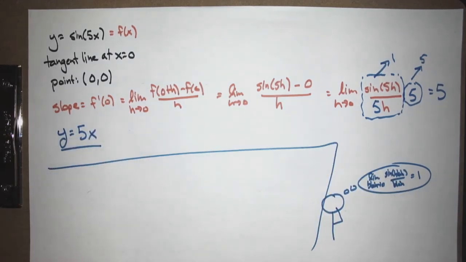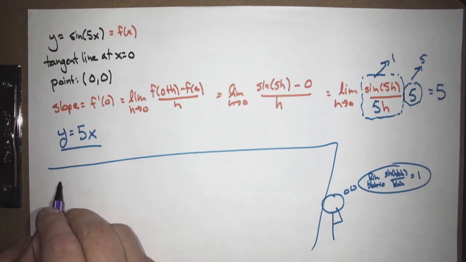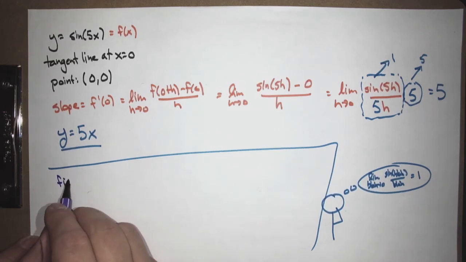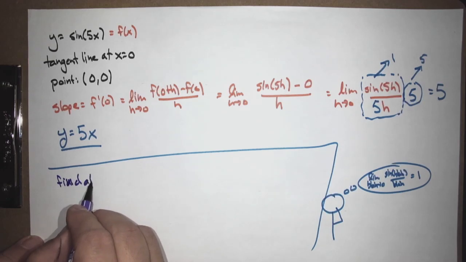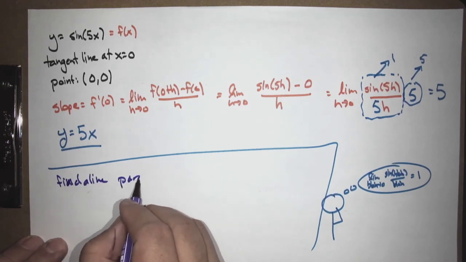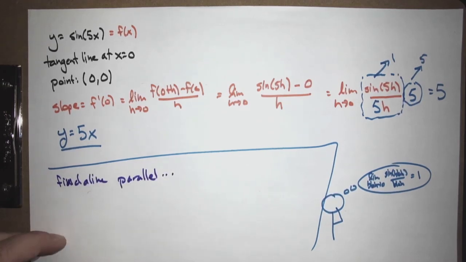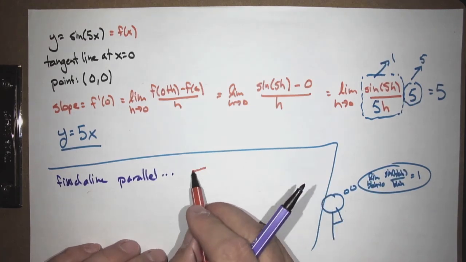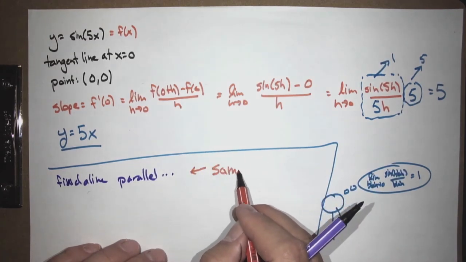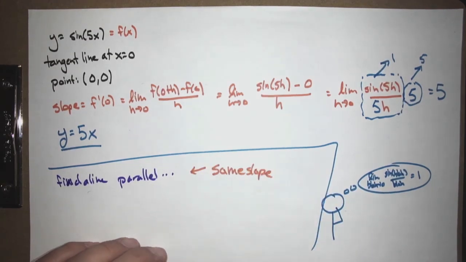So there we go. A few more notes. I don't think we'll work through a whole problem, but I just want to make a couple of notes. You might have a question that says, find a line parallel. How are two lines parallel? Okay, good. So if you see something that says, find a line which is parallel, that means you have the same slope.